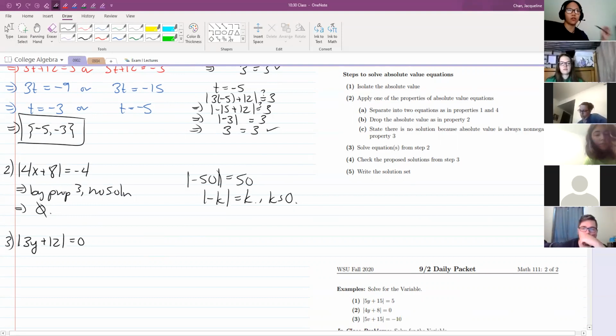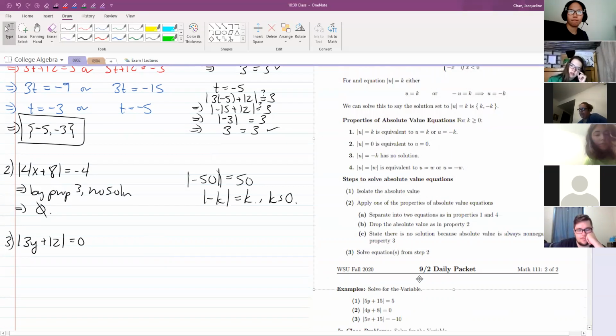What about the third one? I have the absolute value of 3y plus 12 is equal to 0. Use property 2, that the absolute value of u equals 0 is equivalent to u equals 0. So what would I write down here?